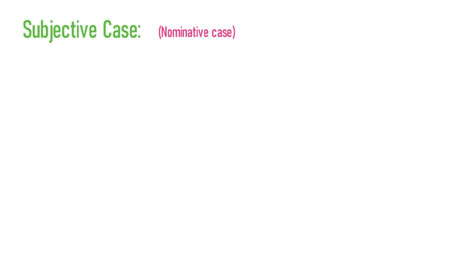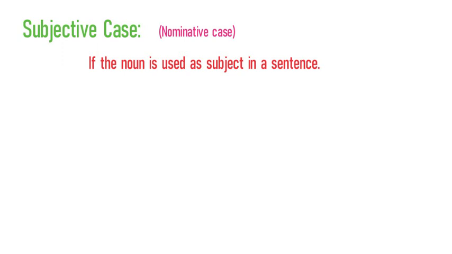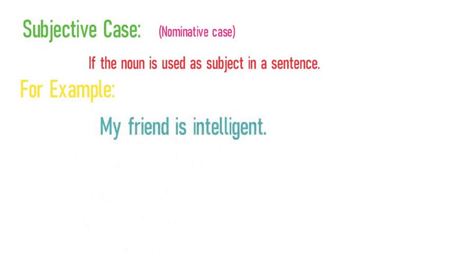If the noun is used as a subject in a sentence, then it is called subjective or nominative case. For example, my friend is intelligent. In this sentence, friend is a nominative case because the noun friend is used as a subject.